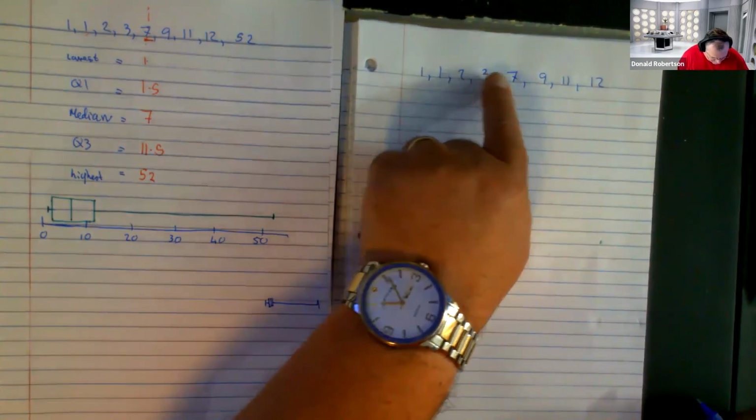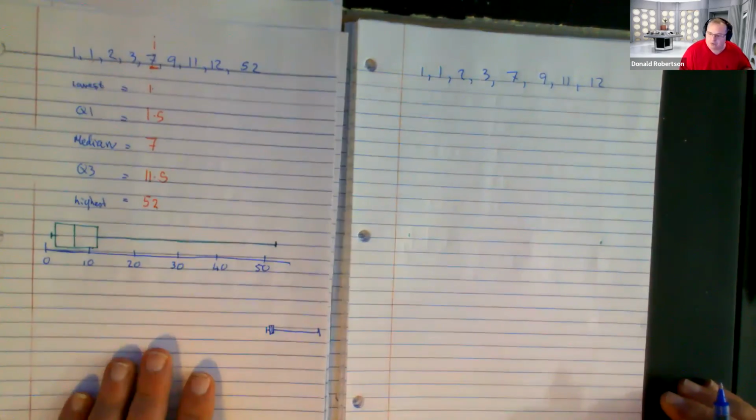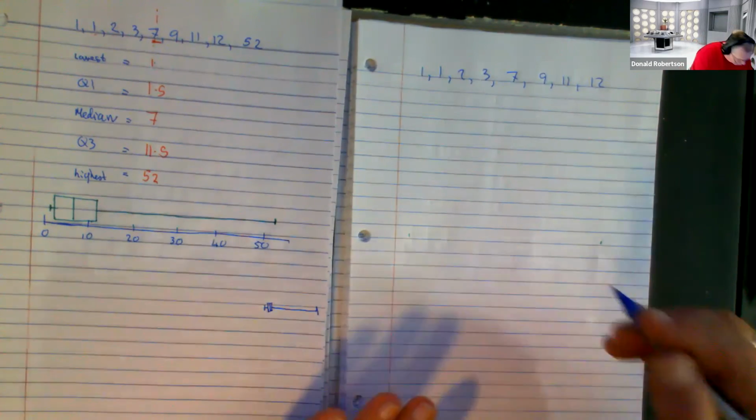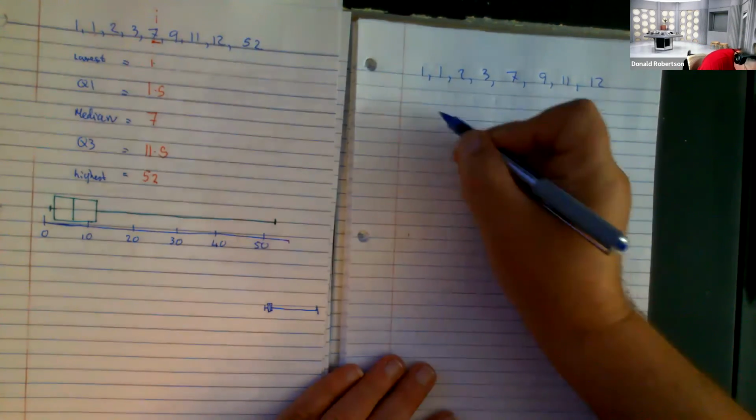Now, that essentially means that my data has changed a little bit. There's 2, 4, 6, 8. There's now 8 numbers. Do you see I've killed off 52? Which means I'm going to have to recalculate all of these.